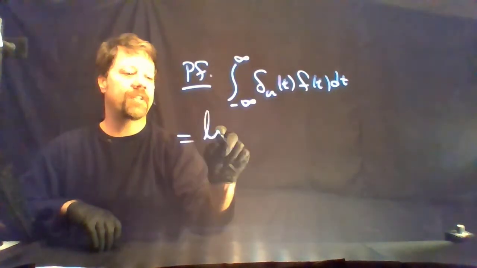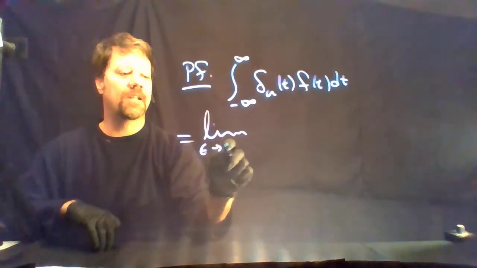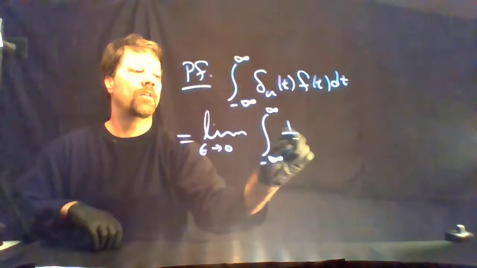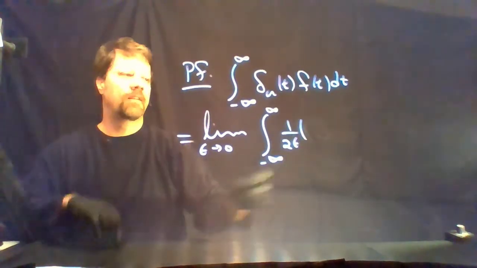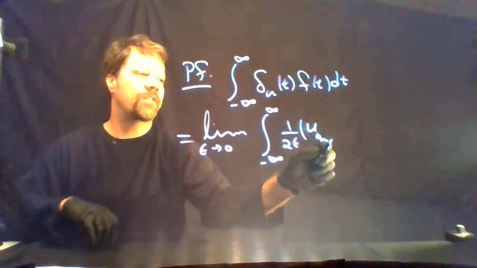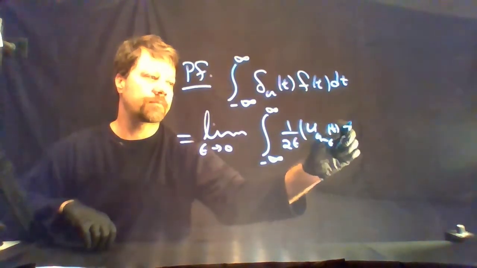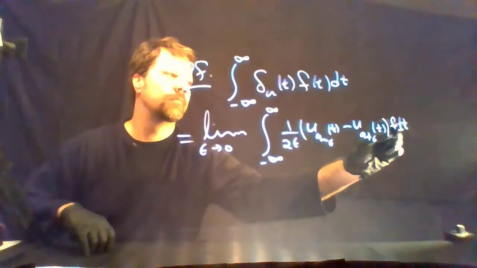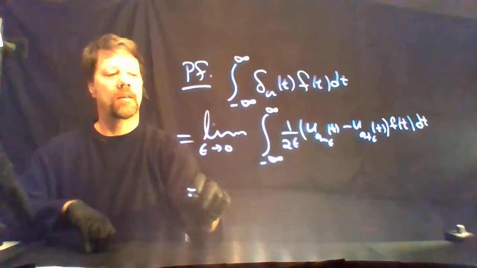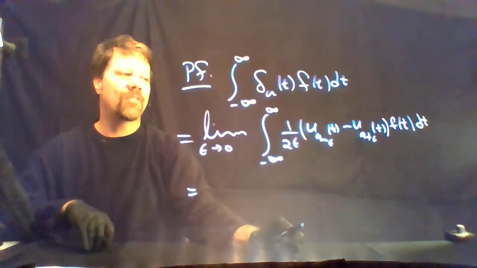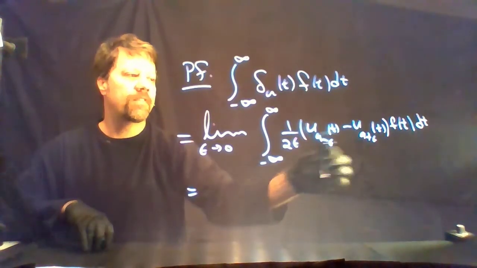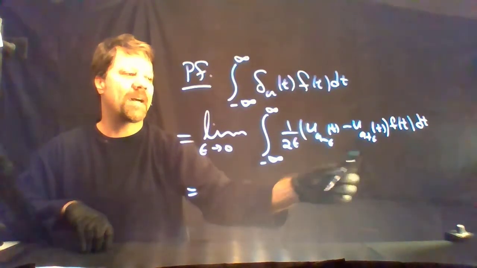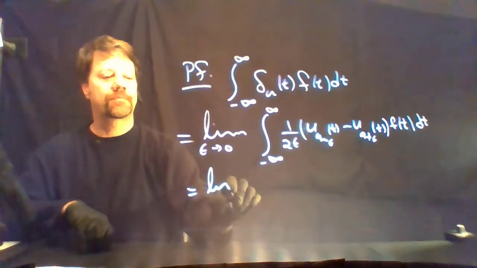This is, by definition, the limit as epsilon goes to 0 of the integral of 1 over 2 epsilon times the difference of the two step functions, and we can bring the 1 over 2 epsilon out. What is more, the function here has a height of 1, but only between a minus epsilon and a plus epsilon.